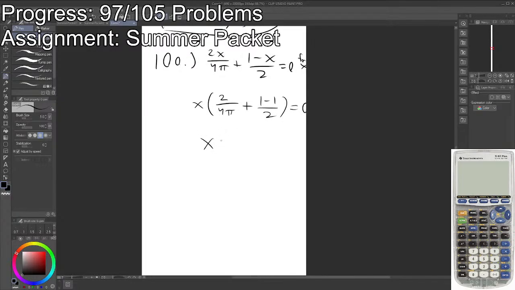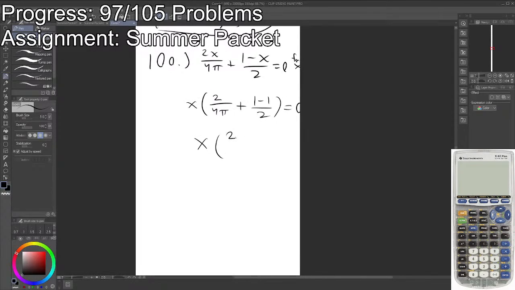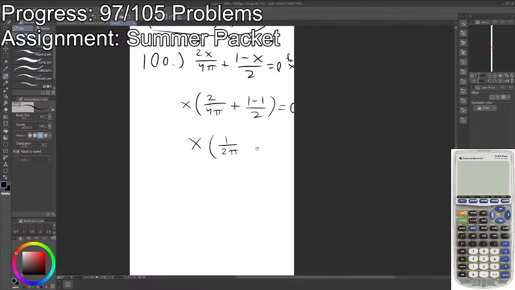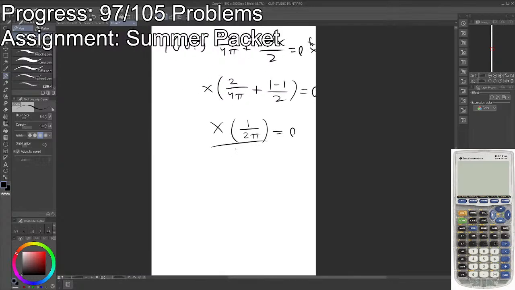Would this not just be... Wait, what? Does this equal 0? It does, so it's just 0. That's it.